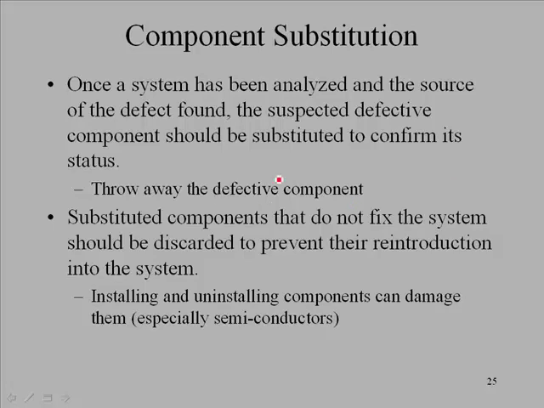You do not want components that are suspected to be defective or are defective mixed in with components that are known good. Substituted components that do not fix the system should be discarded to prevent their reintroduction into the system.